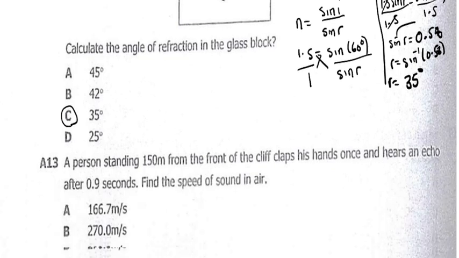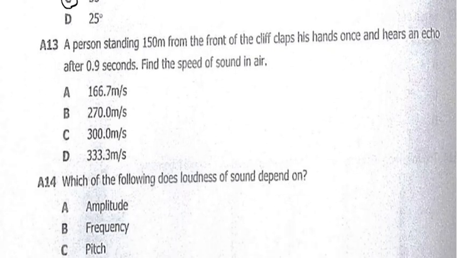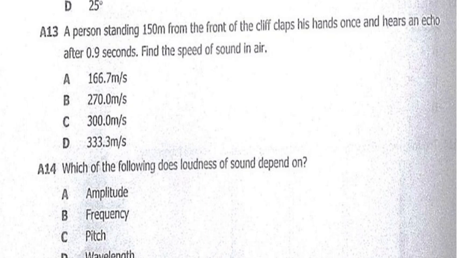Now proceed. I look at question 13. A person is standing 150 meters from the front of a cliff, claps his hands once and hears an echo after 0.9 seconds. Find the speed of sound in air. Suppose we have a person standing in front of the cliff.